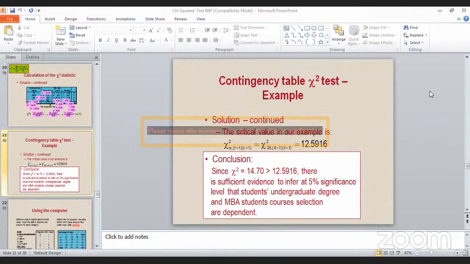Now while going for the F-test, can I use quantitative as well as qualitative variables, sir? No. F-test is a test for continuous variables. So you cannot use the F-test for qualitative variables. F-test is only for continuous or numerical type of variables.